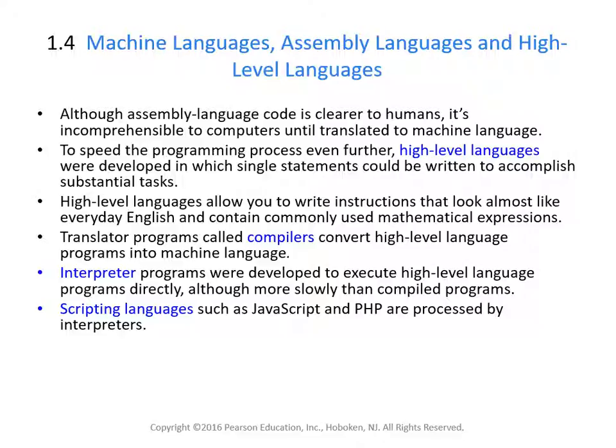There is a difference between a compiled language and a scripted language. Java and PHP are what they call scripted languages, which means that they're not compiled into machine language. When we write a program in this class in C or C++, the compiler will take that program, convert it to assembly language, and then convert it to machine language.